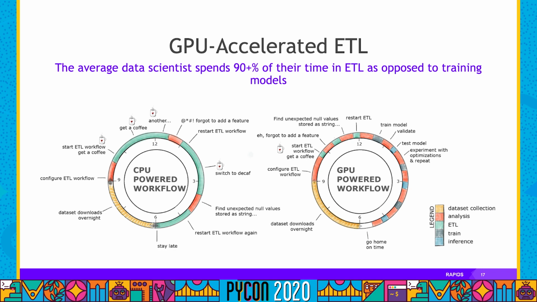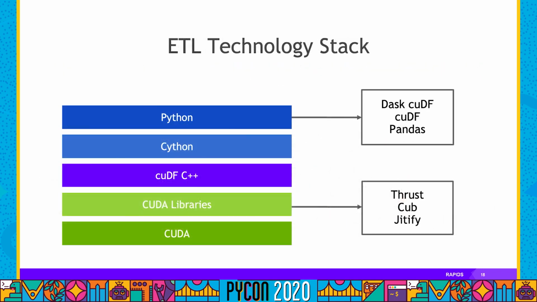By accelerating that, you get what's on the right-hand side, right? You're able to focus more on analysis, less time spent on ETL, and you can just see by the alternating red and green or red and gray bars, you can do so many more iterations of analysis in a day. So really, iteration and speed makes you more productive from an analytics standpoint.